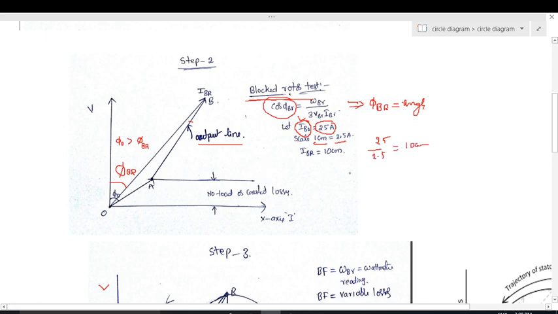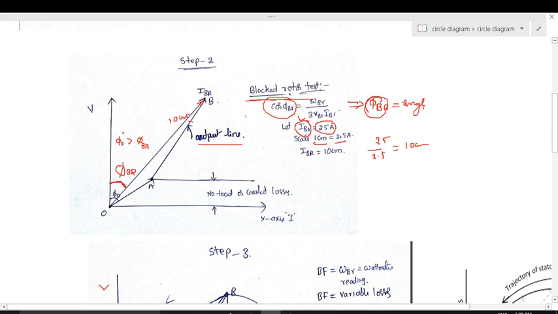Now, with an angle phi BR, we should draw a line with a length of 10 centimeters.